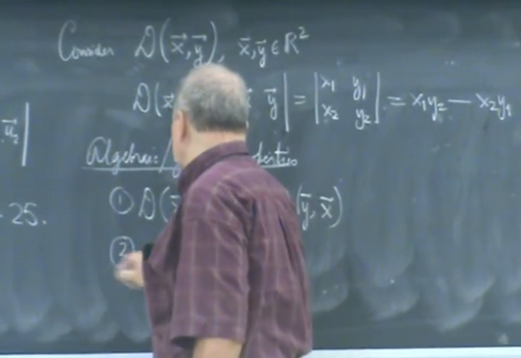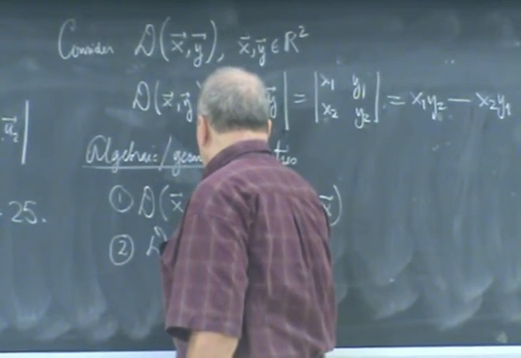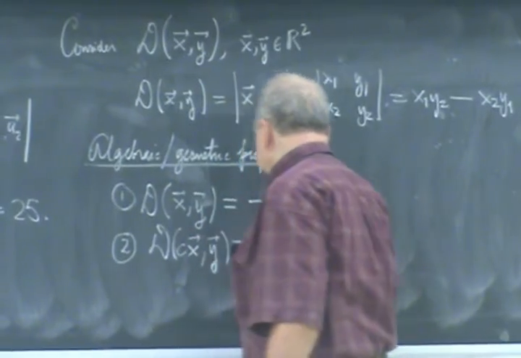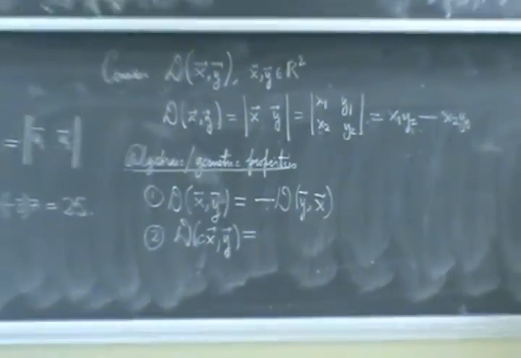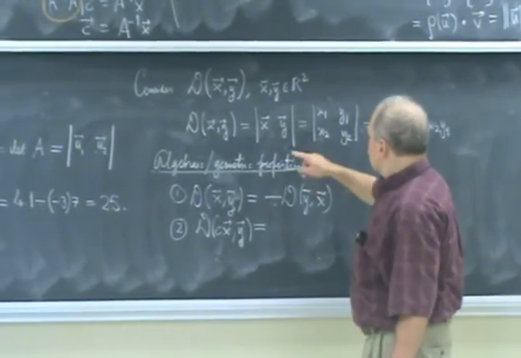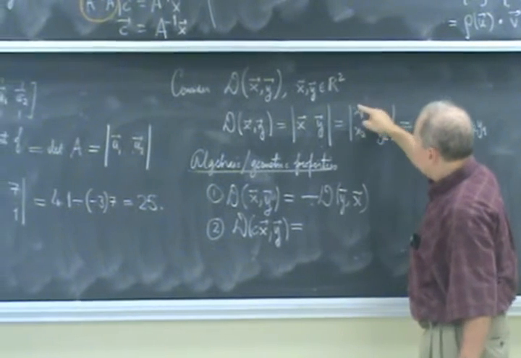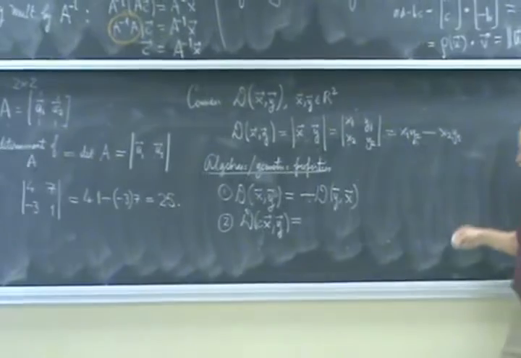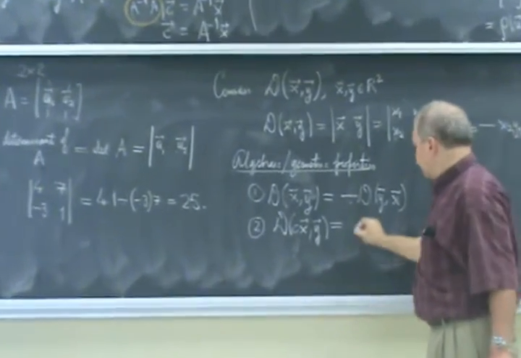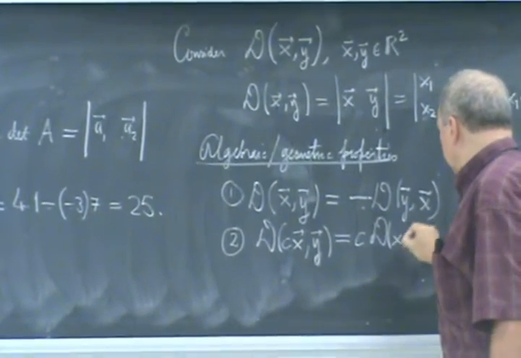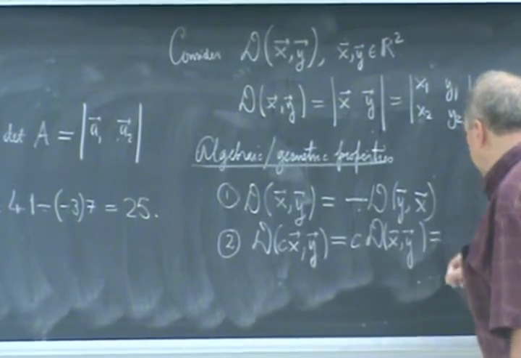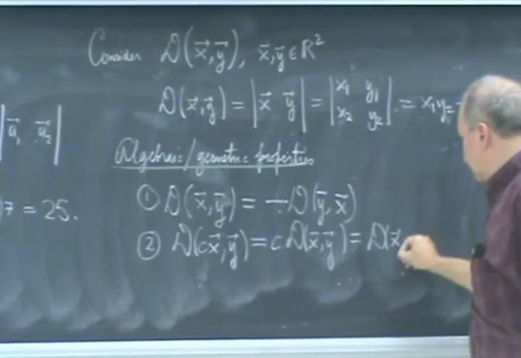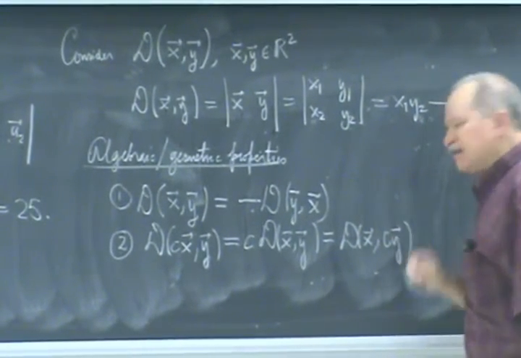What about putting a scalar in on one of the vectors? Sure, it pops out. Equals c. So if you put c times the x, what would it do to this formula? C times the determinant, just by the distributive property, it pulls out. And similarly, that would be d of x, cy, right?